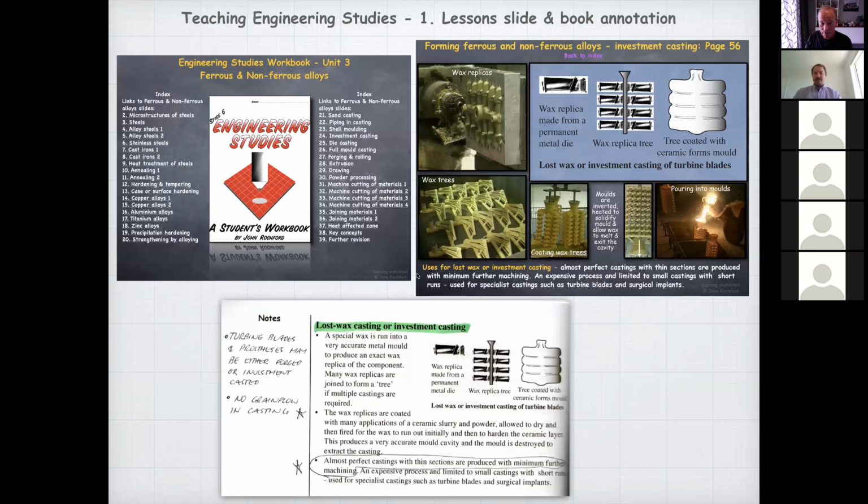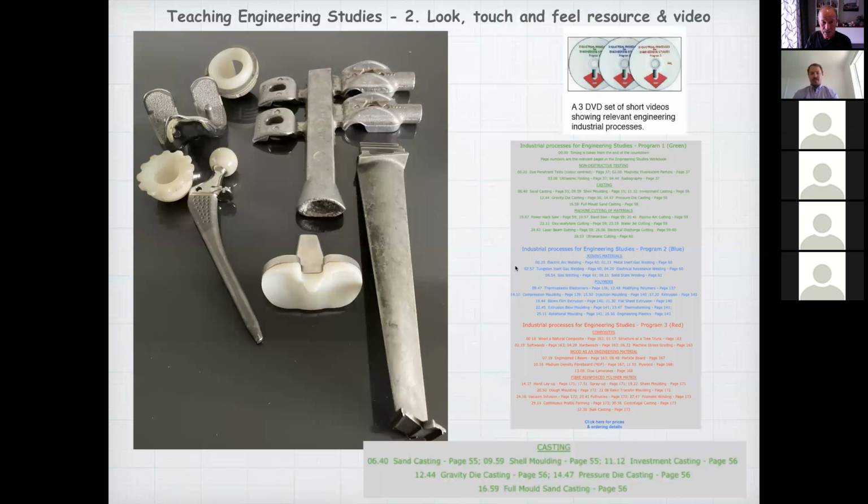So when we've done that and the students have a good grasp of this, I use these resources, a lot more of these resources, but I'm just showing you a couple of them. I call these look, touch and feel resources, because you want to try and get as many senses responding to the learning process.